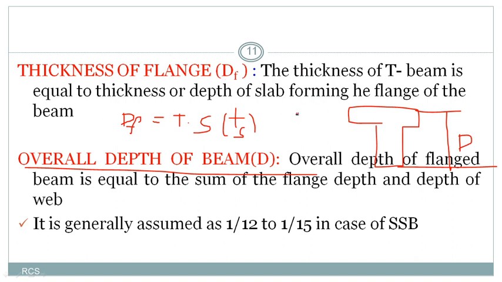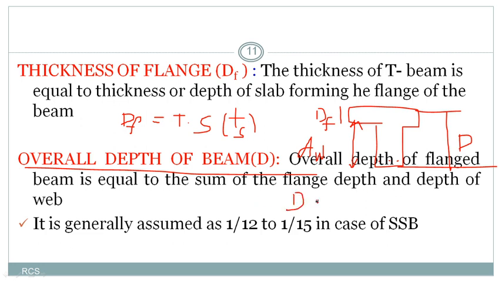Here we have tension reinforcement, and this is what sometimes we can call the cover. Df is the depth of flange, plus this is what your depth of web, Dw. So overall depth D equal to what?